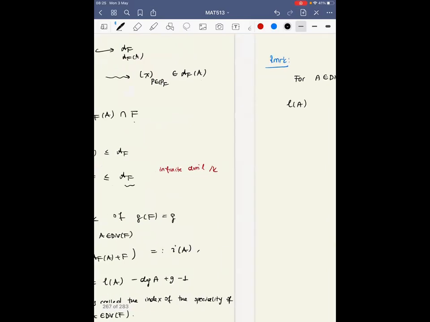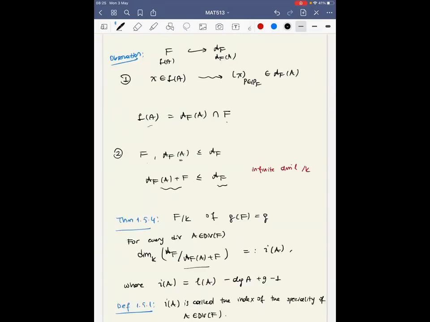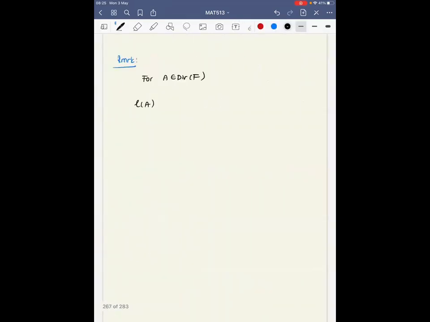Indeed, if the dimension of this quotient space is equal to this quantity, this means that the dimension of the Riemann-Roch space of a divisor is equal to its degree plus 1 minus g plus the dimension of this quotient space. So the proof of this theorem will be the first step to understand the statement of the Riemann-Roch theorem.